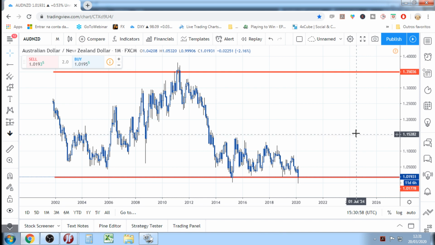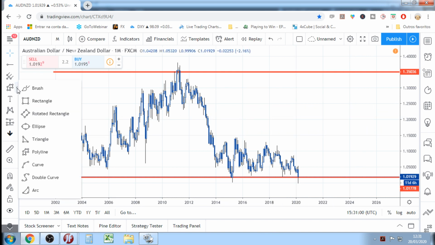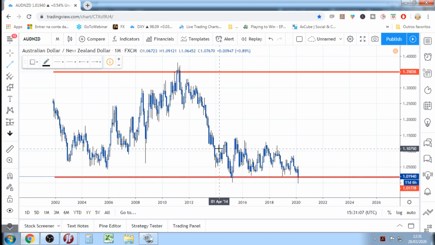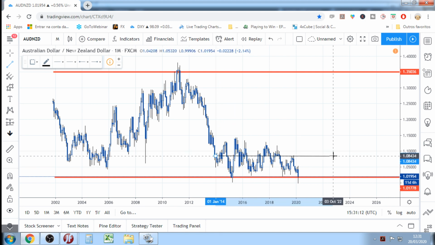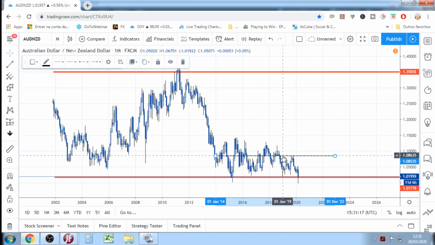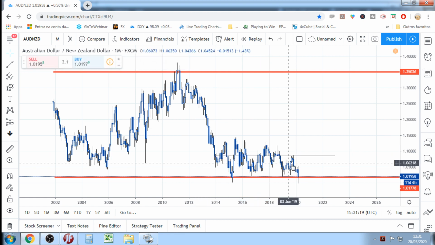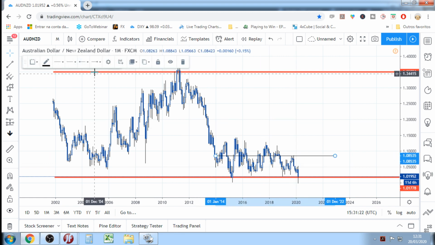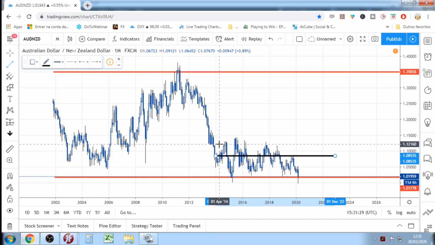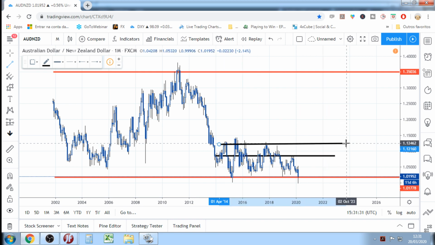Now, pay attention, everybody. This market, for the time being, is locked. You have various levels of sideways movement. The first level is this one, and the second level is up in here.